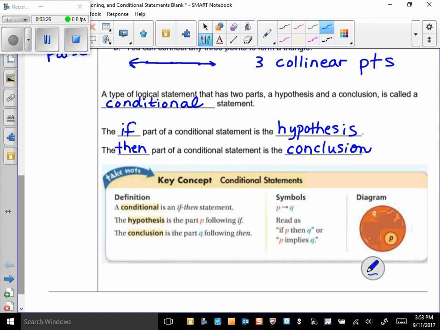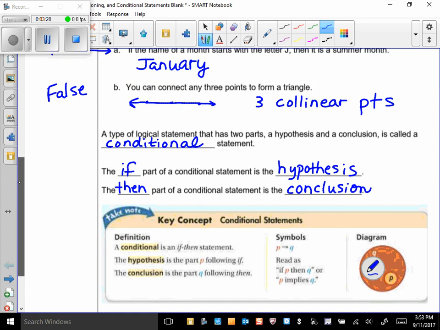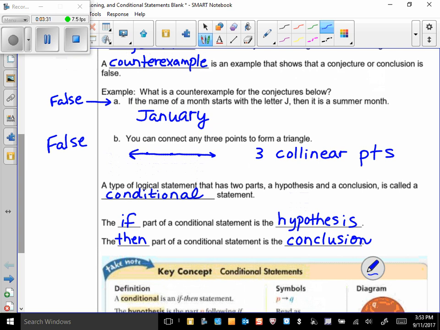So let's go back up here. I think we had this one, A, that we looked at up here. This is a conditional statement, right? Because it's got an if and a then. So what we know then is that everything after the if, not including the if, is the hypothesis.